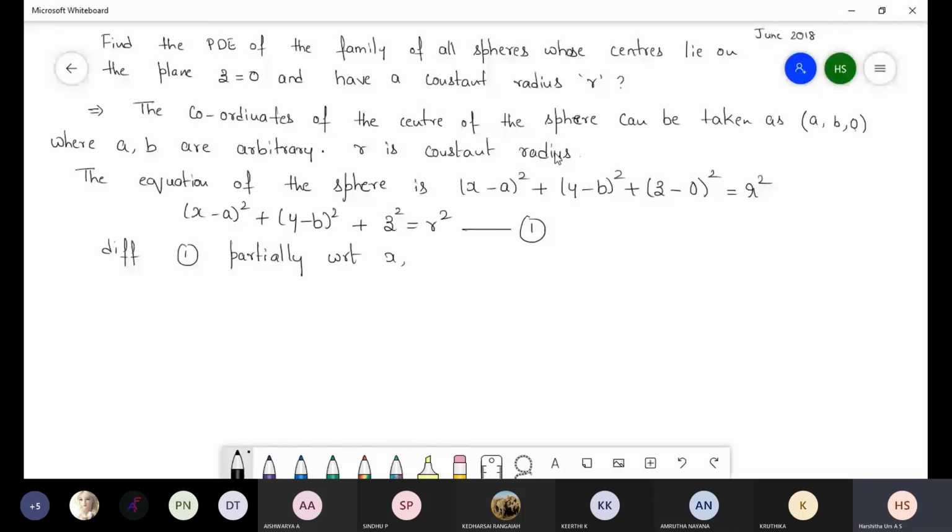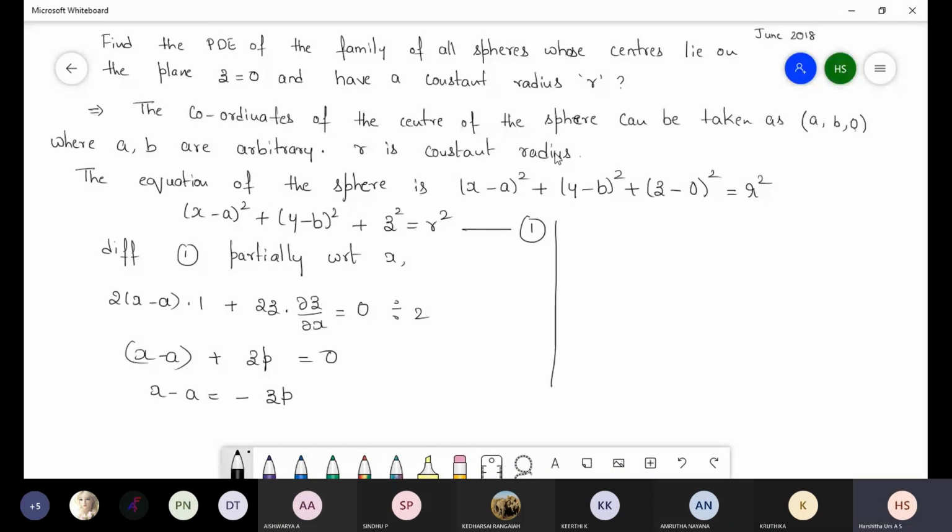So the differentiation is 2 into (x minus a), differentiation of x is 1, plus differentiation of z square with respect to x is 2z into dou z by dou x. R is a constant, so it will become 0. Divide the equation by 2. So (x minus a) plus z into p is equal to 0. So I write x minus a is equal to minus zp. I shift this plus zp to the right side.